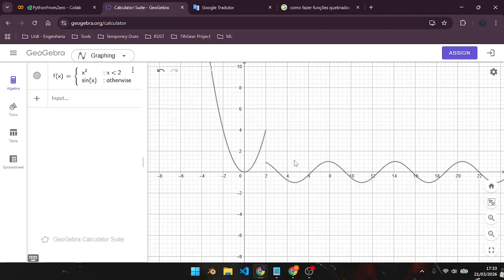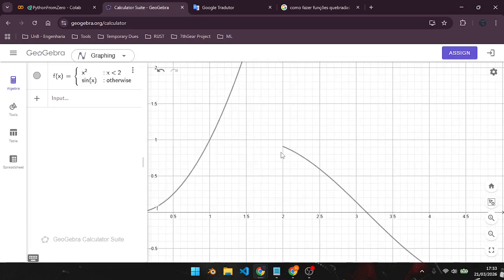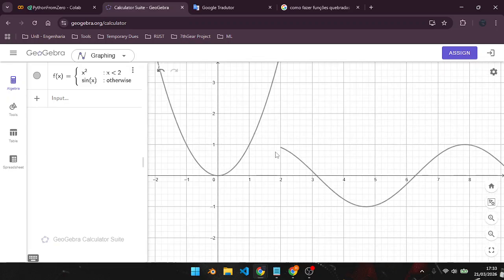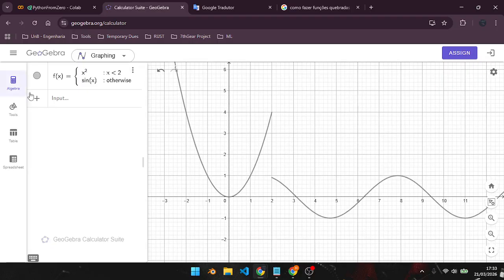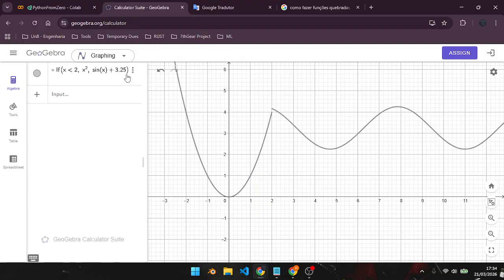That simply is not going to exist, because the left-hand limit of that function is going to give you 4, and the right-hand limit is going to give you, I suppose, something like 0.9. But maybe let me change this a little bit.